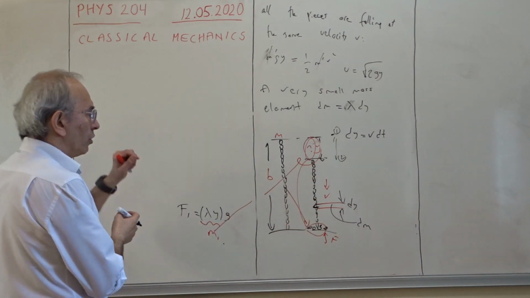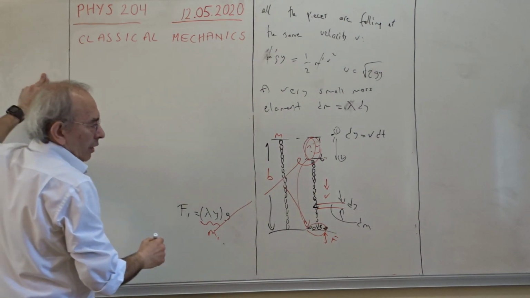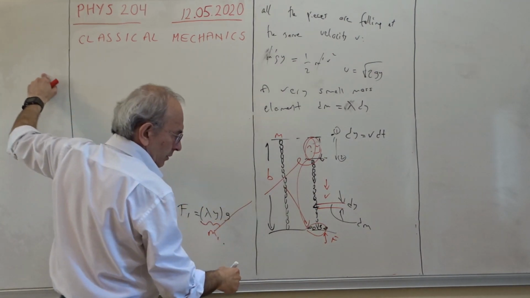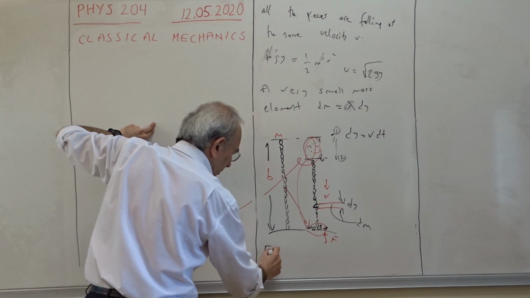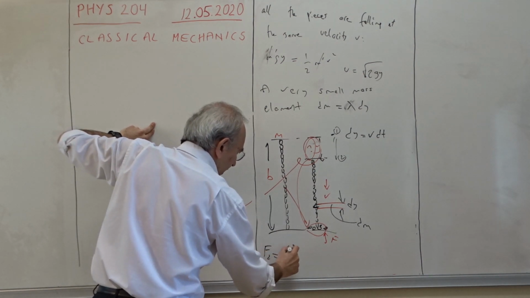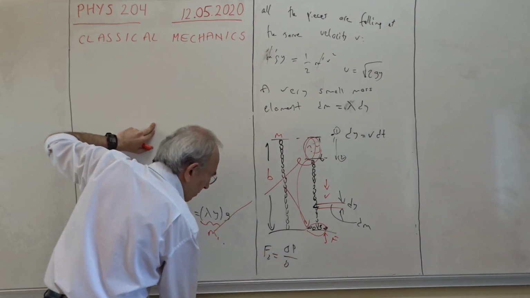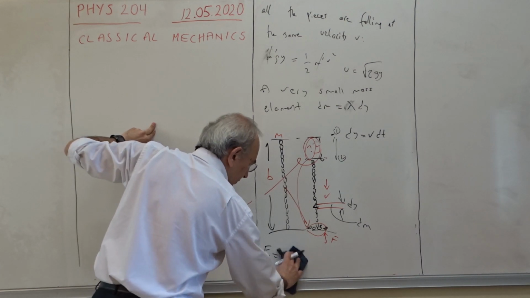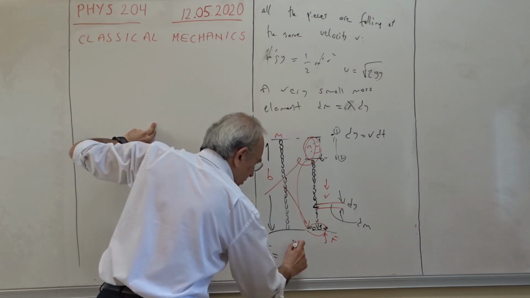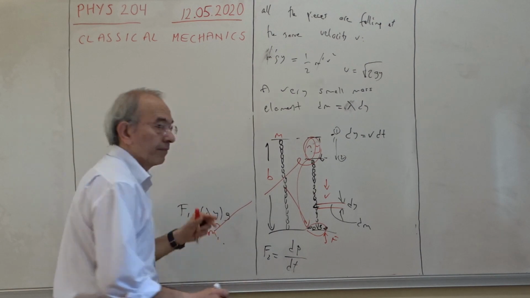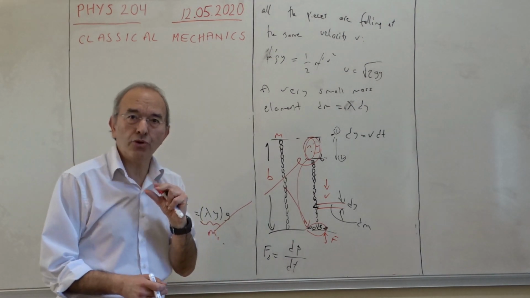F2 will be found as follows. F2, which is the impulsive force, is just delta P by delta T, or dP by dt. It is just the change in momentum during a very small time interval dt.